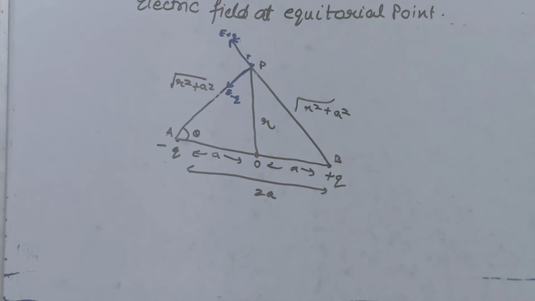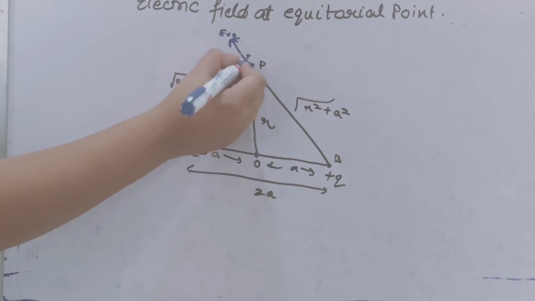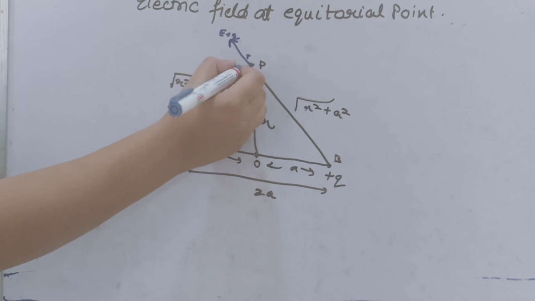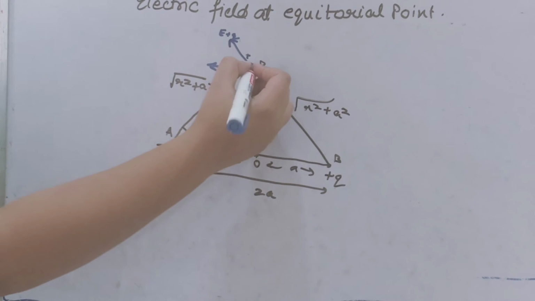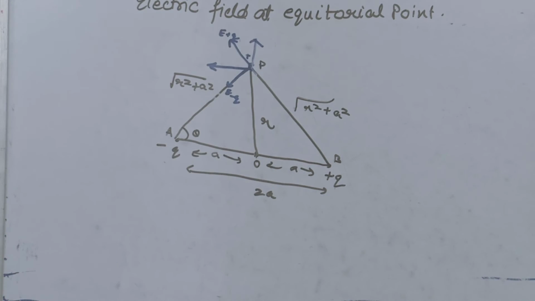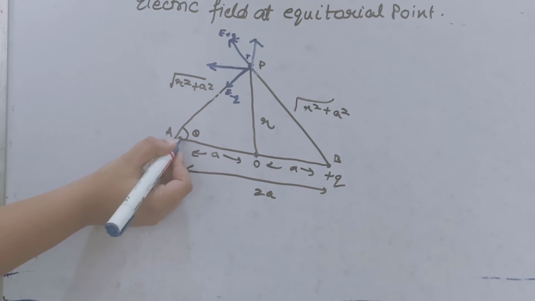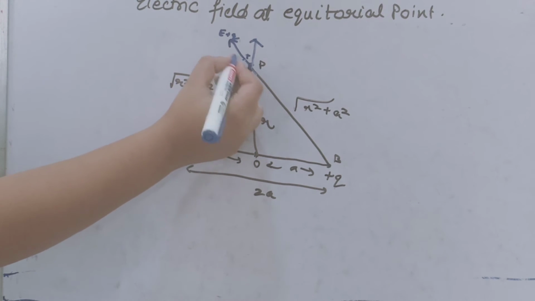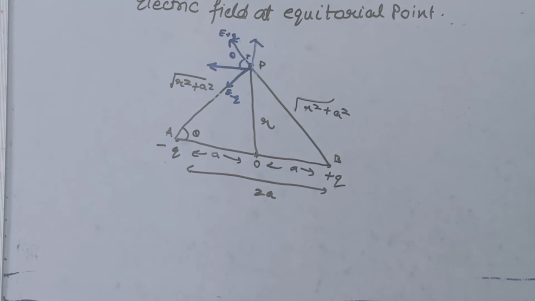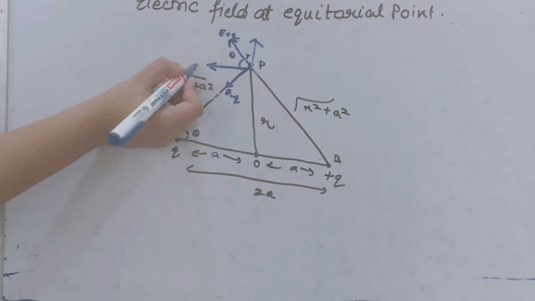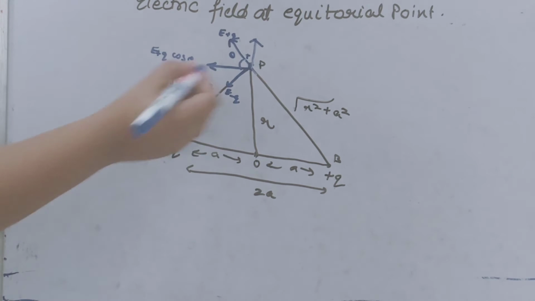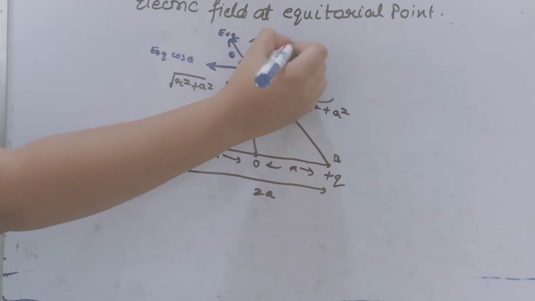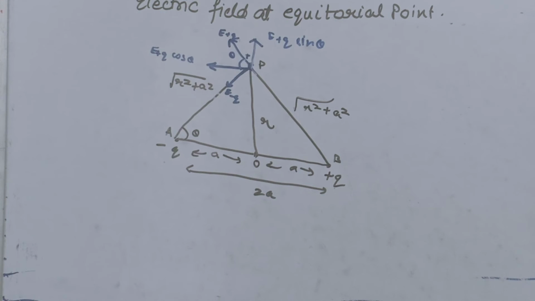Fine. Now we will divide this electric field into its components, that is due to plus Q, one component will be along this direction and the other component will be along this direction. Fine. Since this angle is theta, since corresponding angles are equal, so this angle will also be theta. Fine. Now this component will be E plus Q cos theta, and this component will be E plus Q sin theta. Fine.